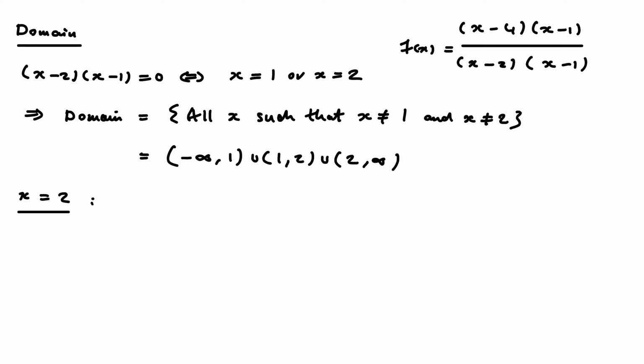My function is x minus 4, x minus 1, divided by x minus 1, x minus 2. X minus 2 is what I care about here. This is my x minus alpha from the story.